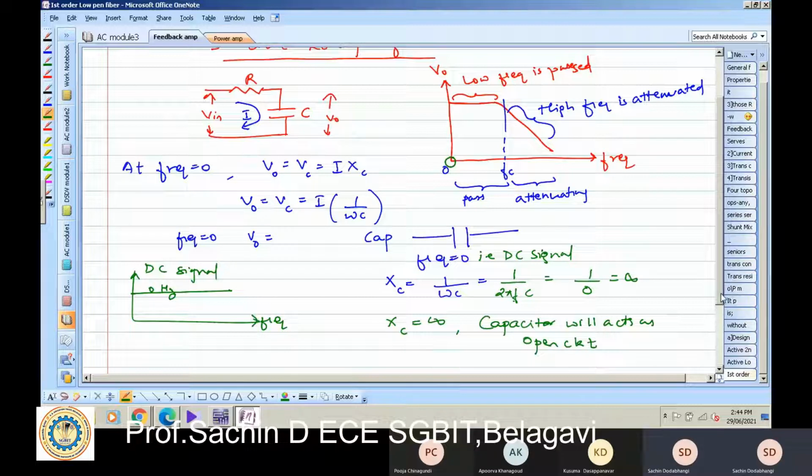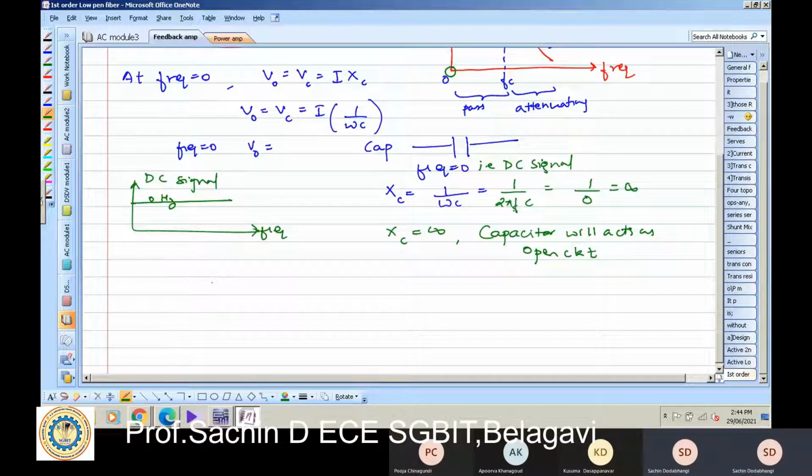So what will the circuit be now? This is my resistor, and the capacitor acts as an open circuit. This is my input voltage and this is my output voltage. This is my R, and the current flowing through it is I. What will the output voltage be? The resistor is connected to an open terminal, so the current flowing through the resistor will be 0.